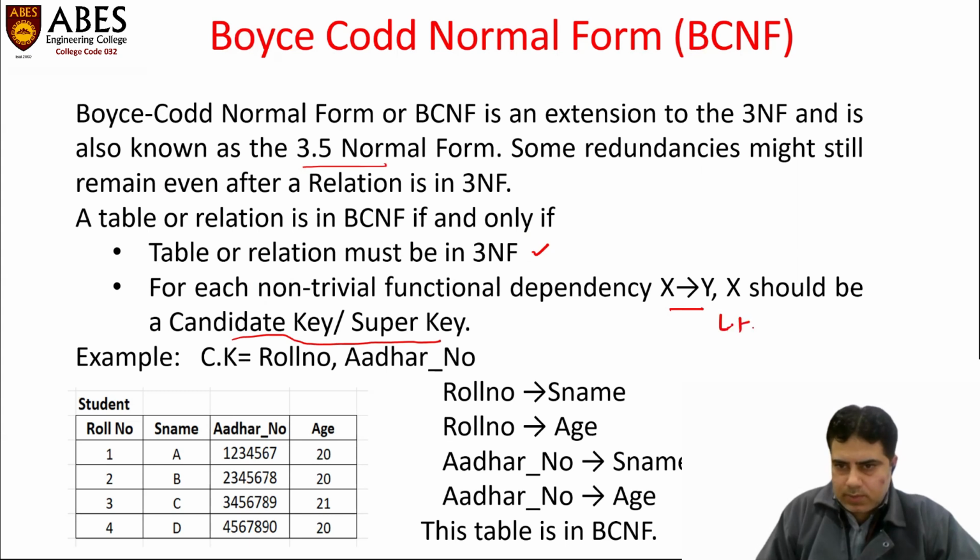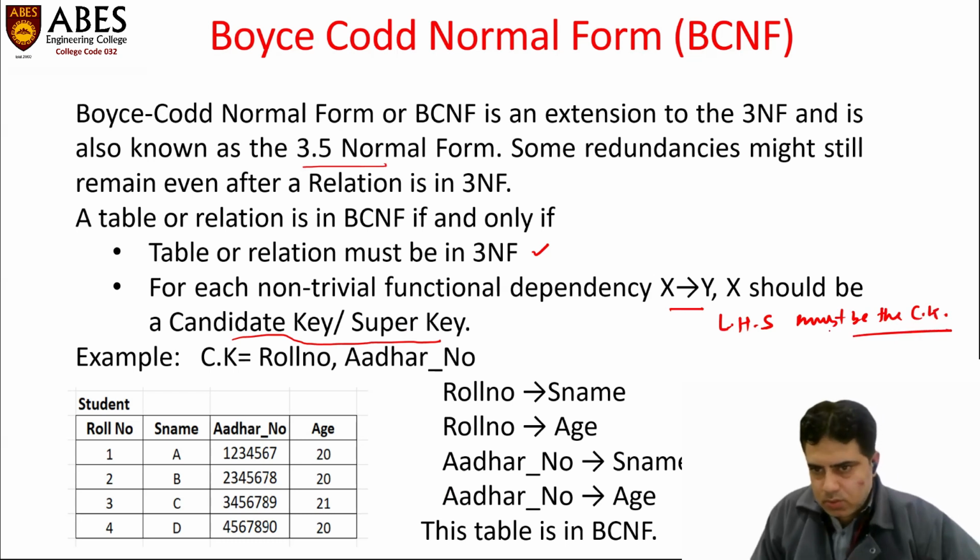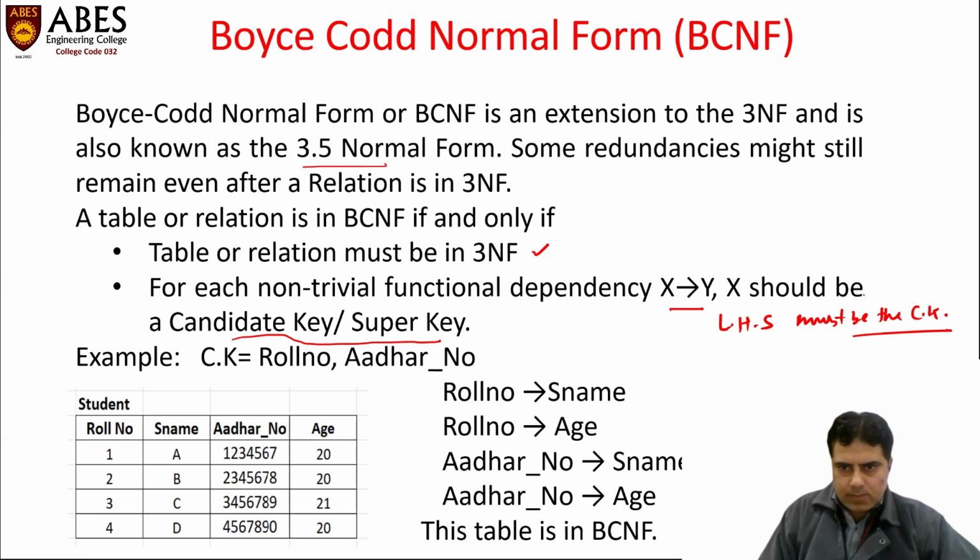So the left hand side must be a candidate key. That's why it is more restrictive. There is no further option. Every functional dependency must be determined by a candidate key.